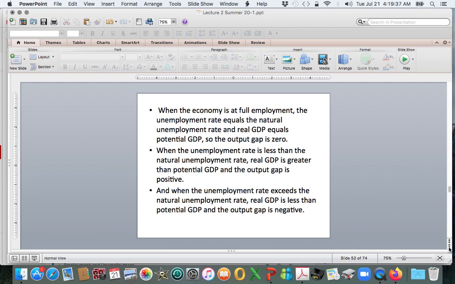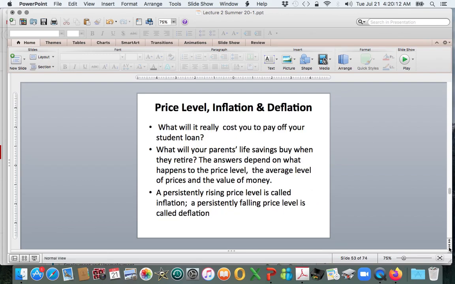So when the unemployment rate is less than the natural unemployment rate, this means you have achieved well, which means your GDP is greater than what the expected or potential GDP was, and the output gap is positive. On the other hand, when the unemployment rate is higher than the natural unemployment rate, it means the economy did not attain as much as it had expected to, and as a result, the output gap is negative.